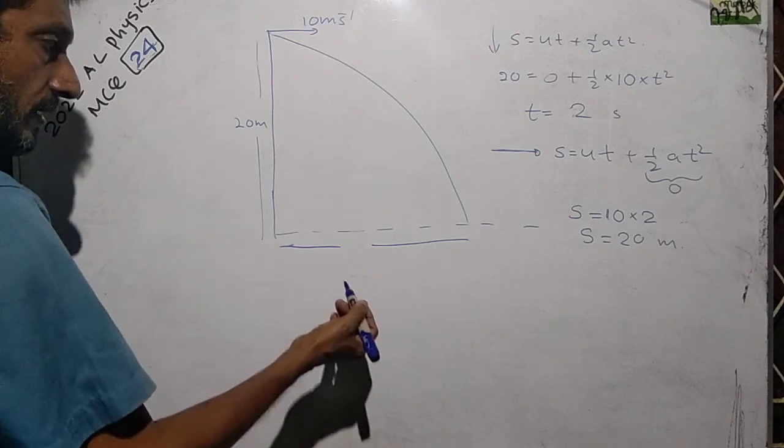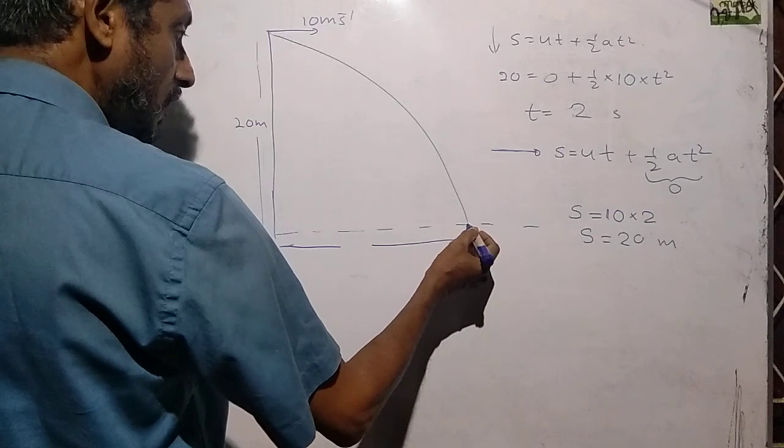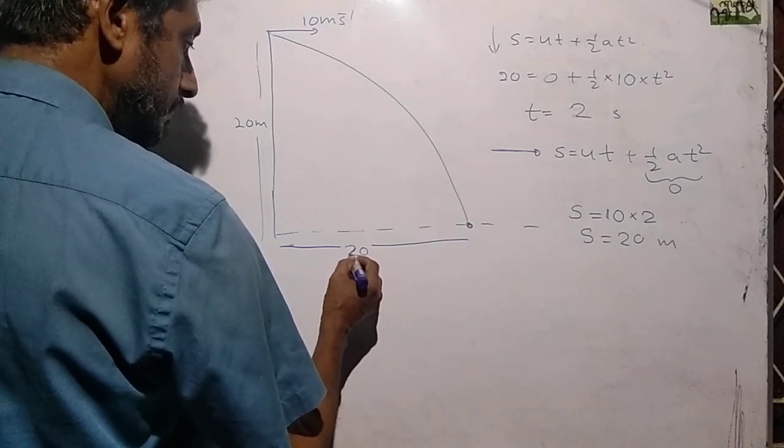If the ball does not split, it hits the ground 20 meters from the building.